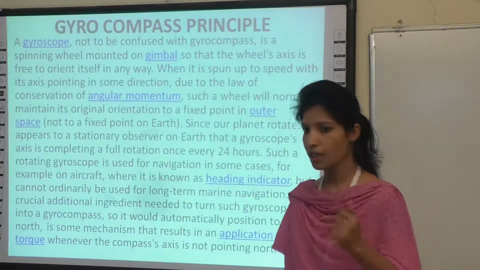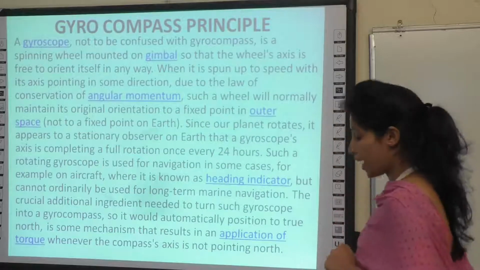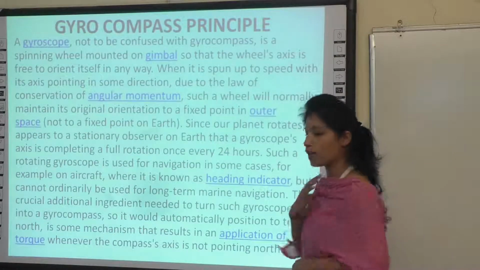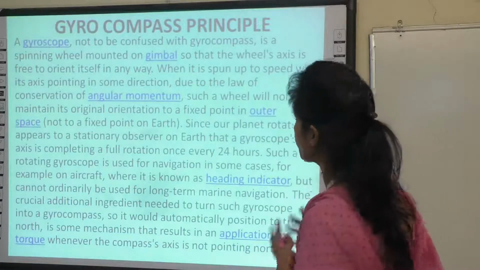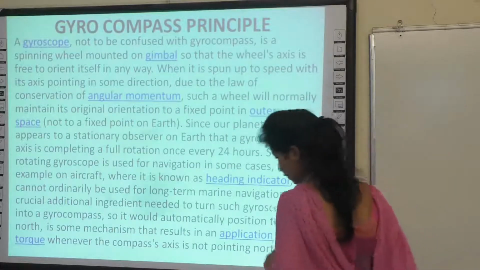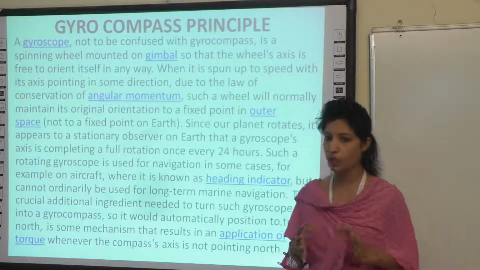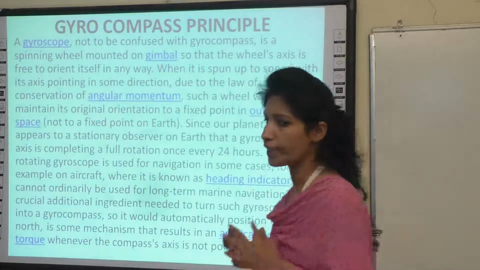Gyrocompass principle. I already explained the principle of the gyrocompass. It is a gyroscope. A gyroscope is not to be confused with the gyrocompass. It is a spinning wheel mounted on a gimbal so that the wheel's axis is free to orient in any way.